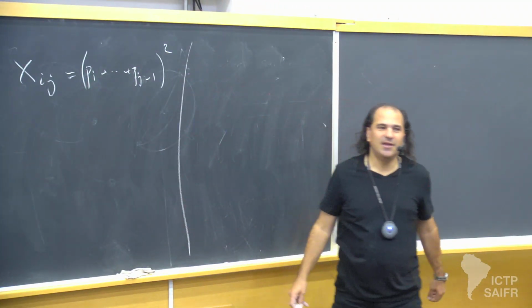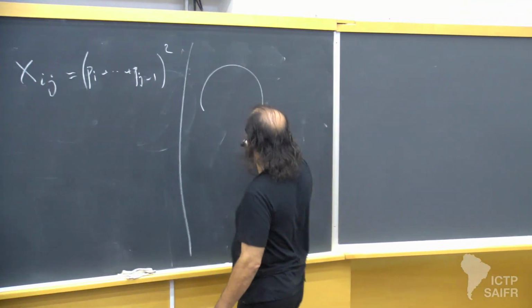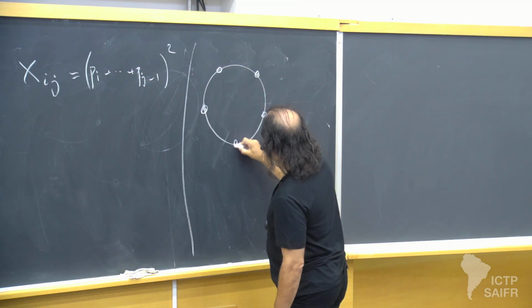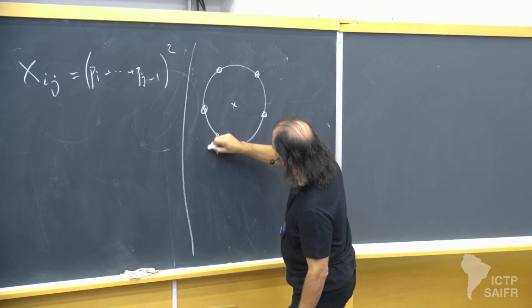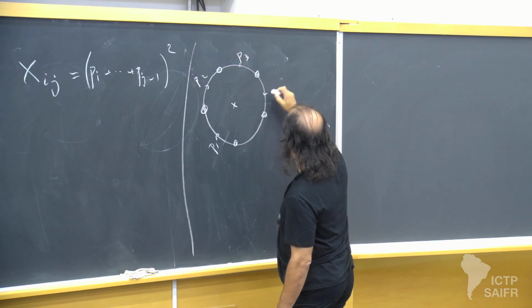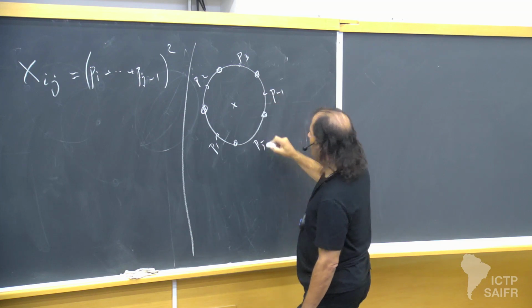Now we can use this idea at any loop order we want. So let's do one loop. Okay, now one loop, there's just a little issue. So if I call this P1, P2, P3, P4, P5, I guess, right?